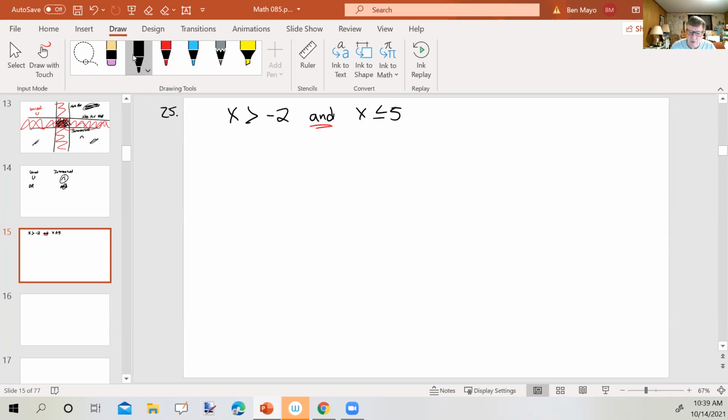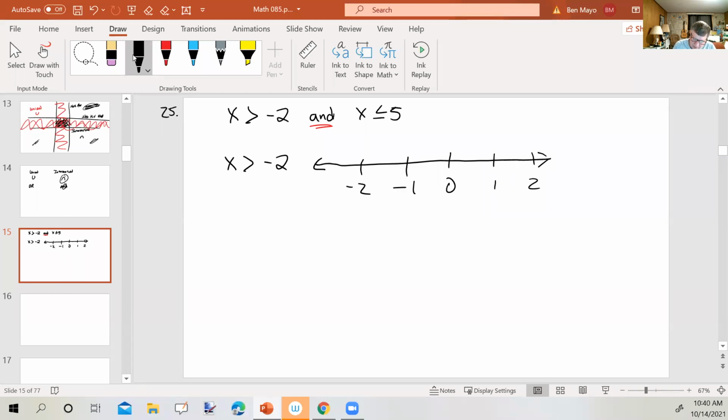It isn't required to graph the individual pieces, but I found that it's easier for students to visualize it if we do. So let's take a look at x greater than -2. Okay. So let's see here, we've got 0 and 1 and 2. And -1 and -2. X greater than -2, we would have parentheses at -2 and an arrow pointing to the right. So that says that everything greater than -2 is part of the solution of that first inequality.